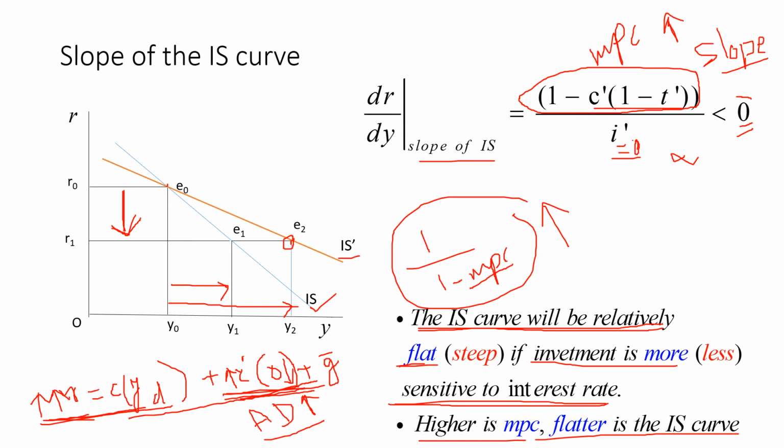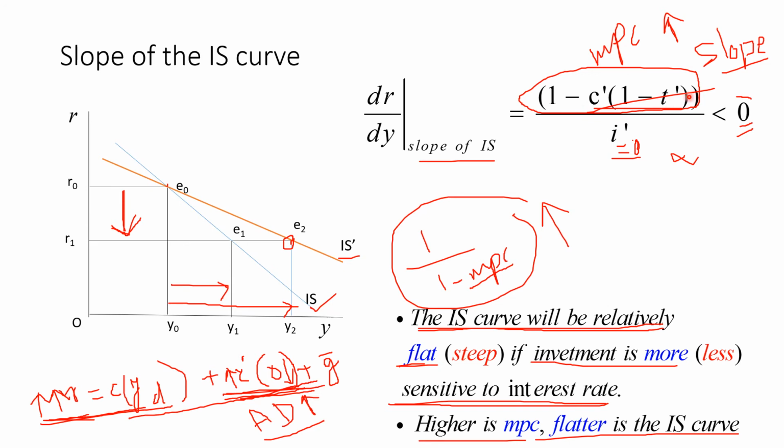So we are getting two factors that are influencing the slope of the IS curve. One is MPC, or you can say the multiplier itself. Higher the MPC, that means higher the multiplier, and therefore smaller is the slope. Remember, we are talking about slope where the numerator is the reciprocal of the multiplier.